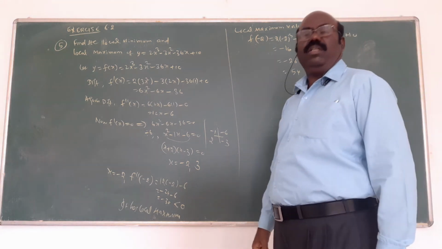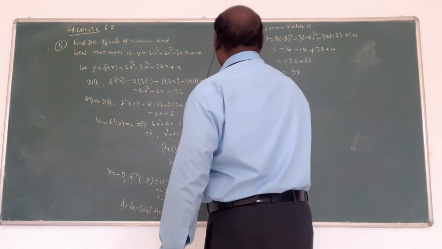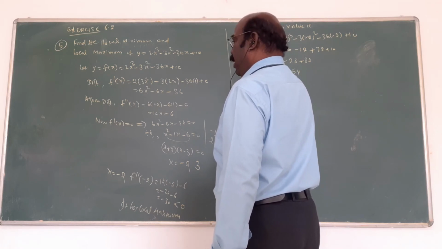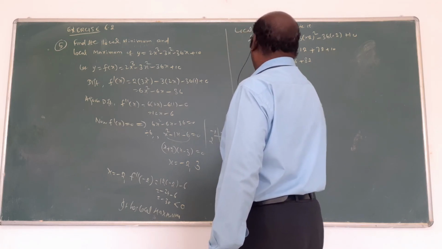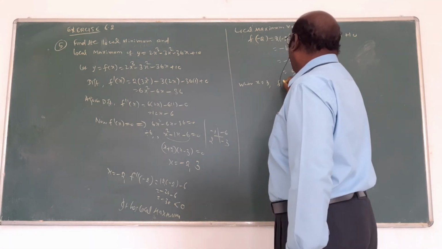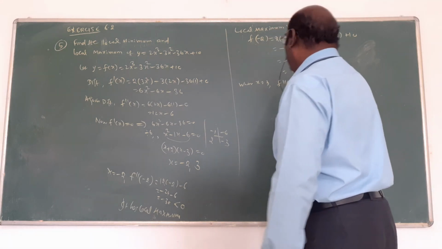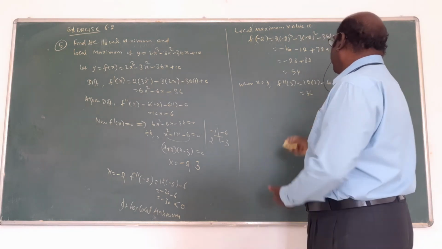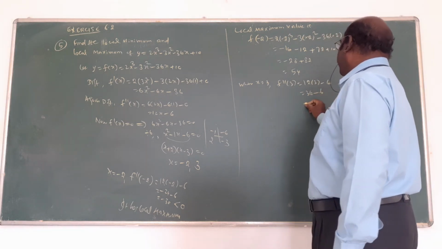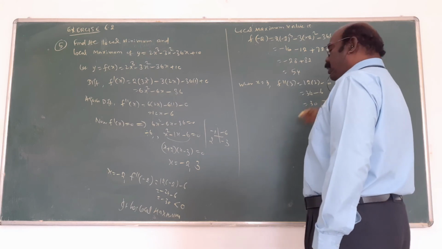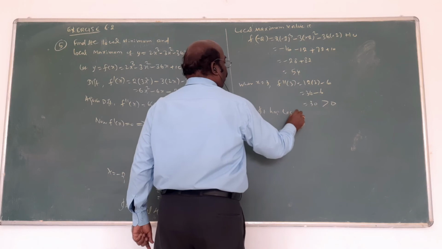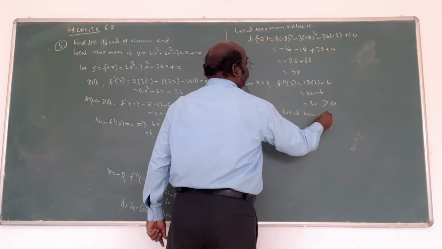Similarly, when x equal to 3, the second derivative at 3 is equal to 12 into 3 minus 6, which is 36 minus 6, that is 30, more than 0. It has a local minimum.